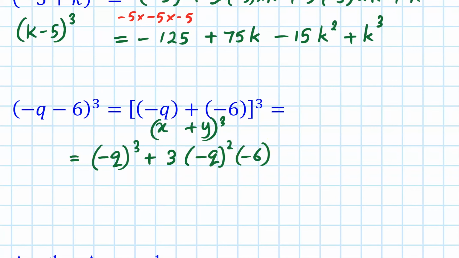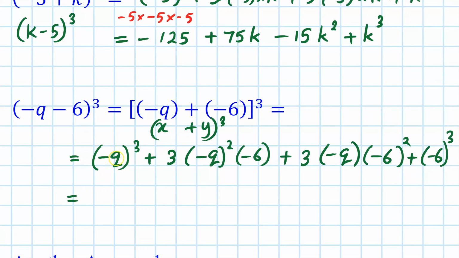You can see our y is -6, and I am putting brackets to differentiate those negatives nicely, and you better do that too, making sure that you get the right answer. (-6) cubed.